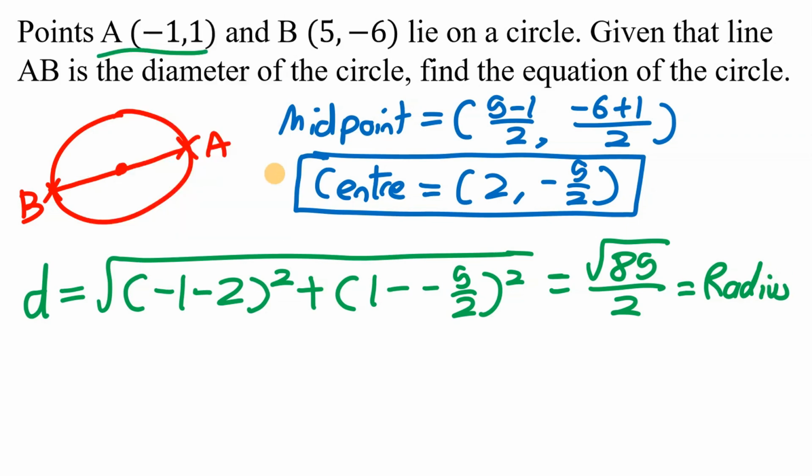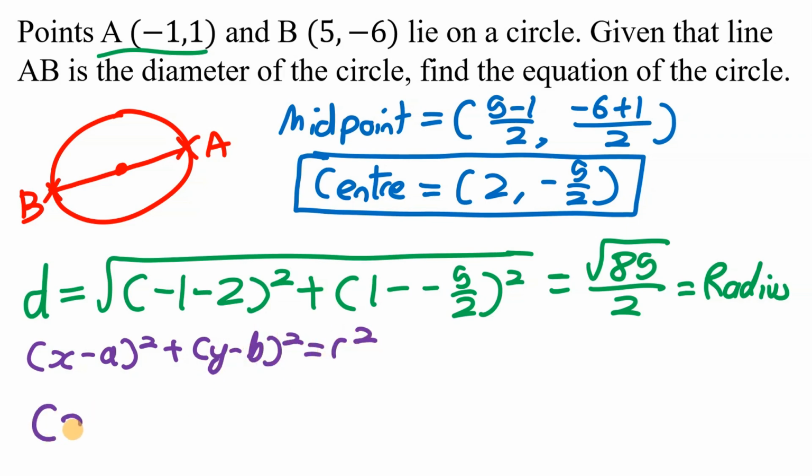So therefore, we need to find the equation of the circle. So it's going to be in the form (x minus a) squared plus (y minus b) squared is equal to r squared. So we have the center here.